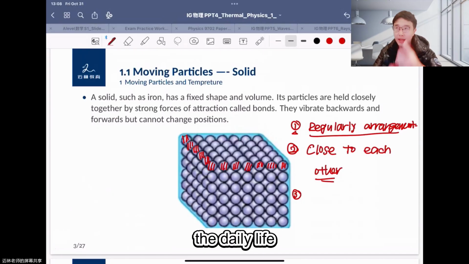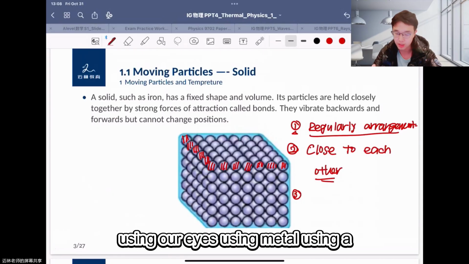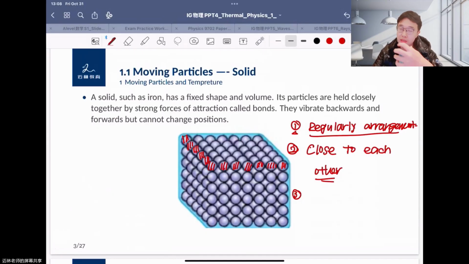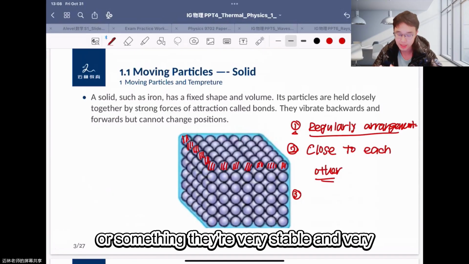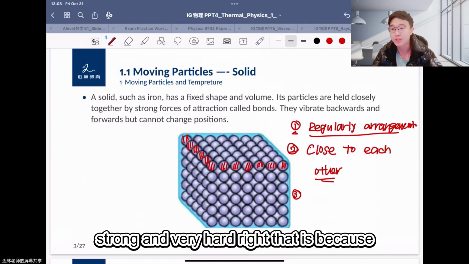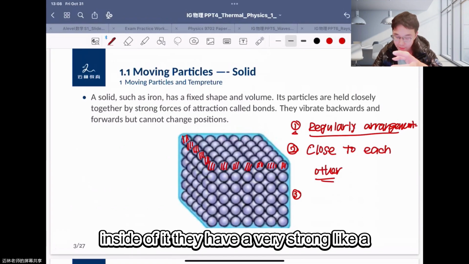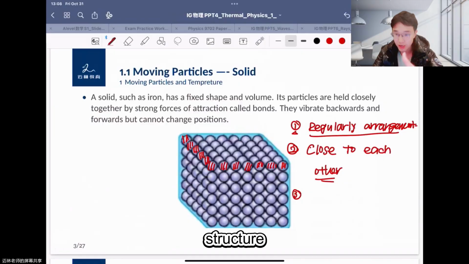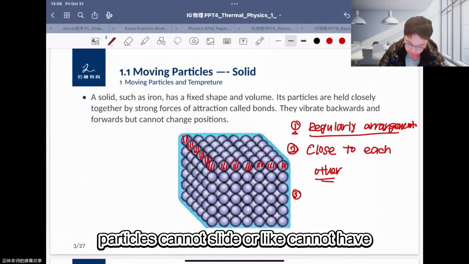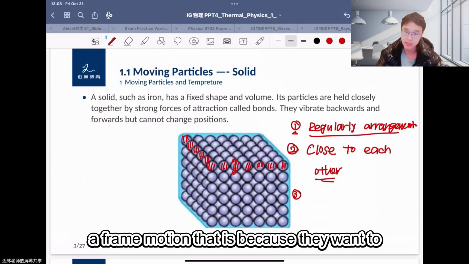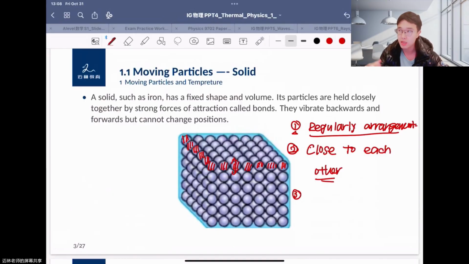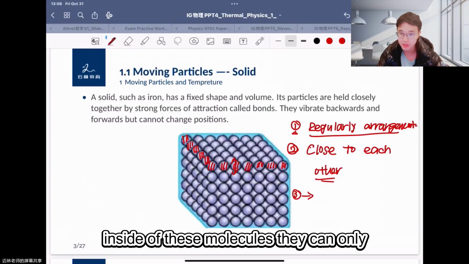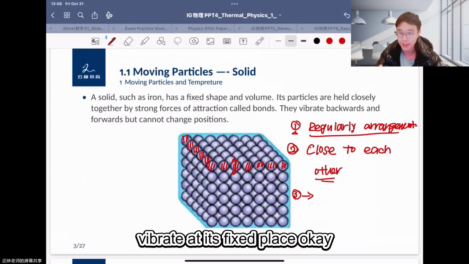Like in daily life, if you use ice, metal, steel, they're very stable and very strong or very hard, right? That is because inside of it, they have a very strong structure. So here, each particle cannot fly or have free motion. That is because they want to build a very strong structure. So here we can say inside of these molecules, they can only vibrate at their fixed place.